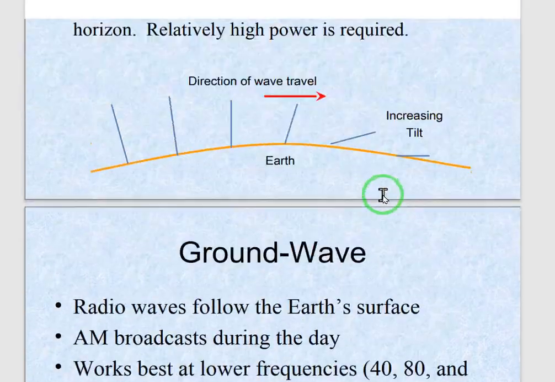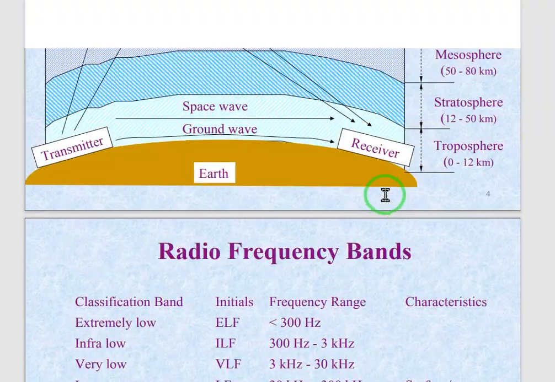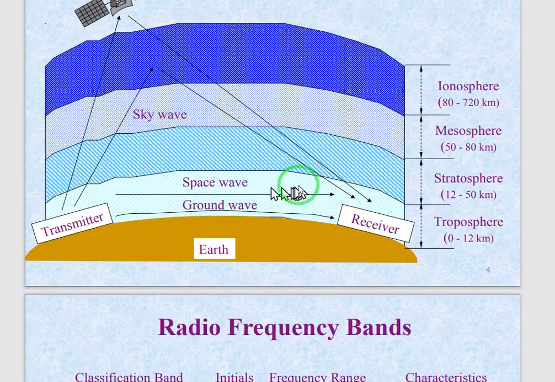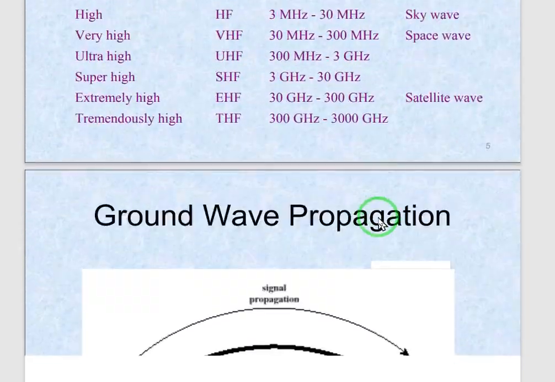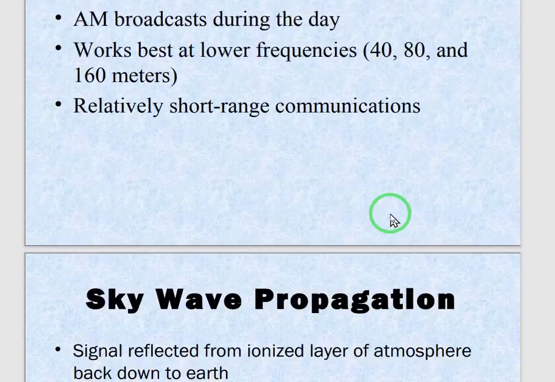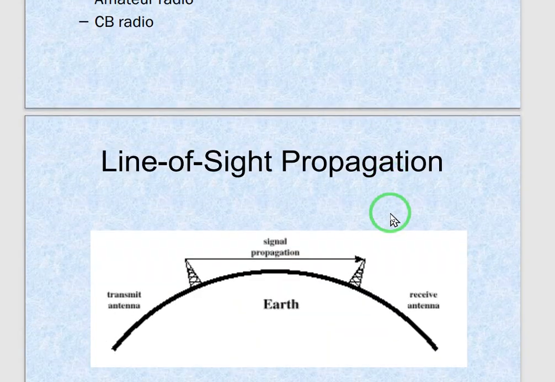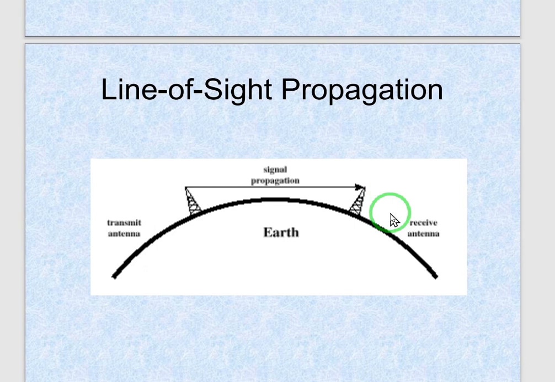Then we have the second type illustrated in the diagram, the space wave, which is also called line of sight communication. Line of sight communication is very important as compared to mobile and data communication. In this propagation mode, the transmitter and receiver logically appear to see each other.